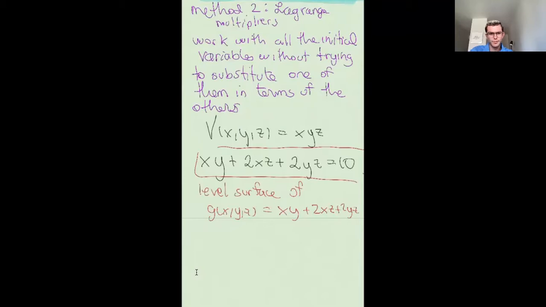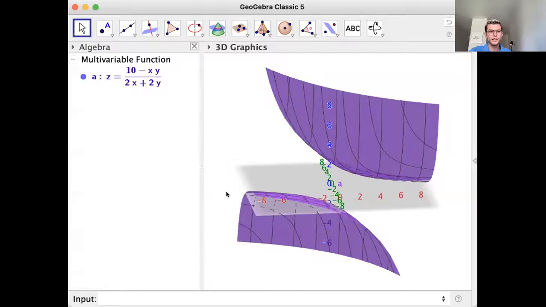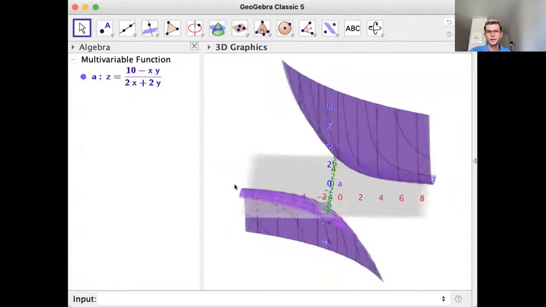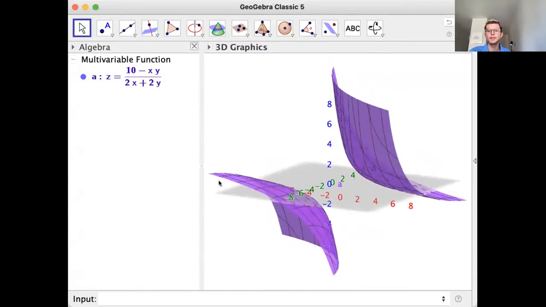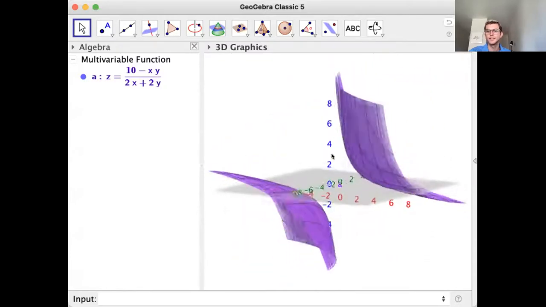So let's see if I can make it here. In fact, if you want me to show it to you, that's the level surface for this function. That's how the level surface looks in this case.